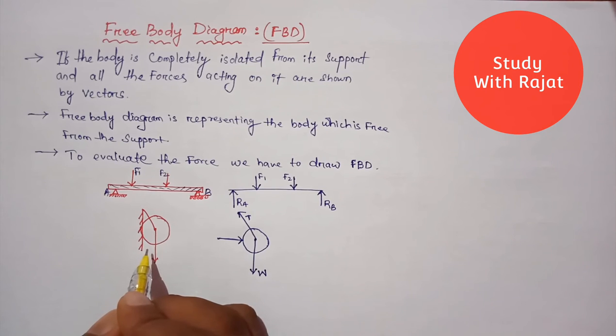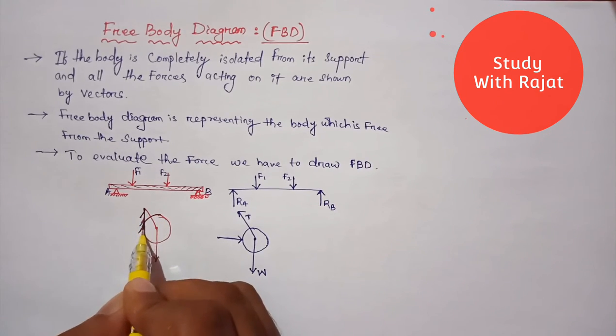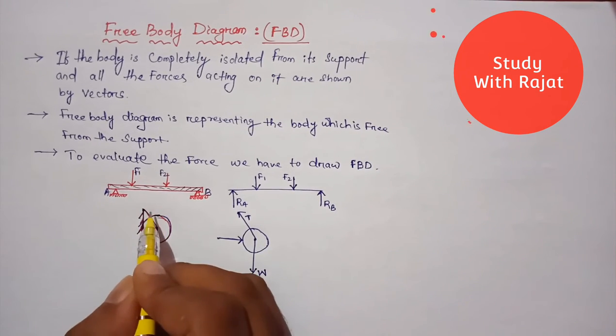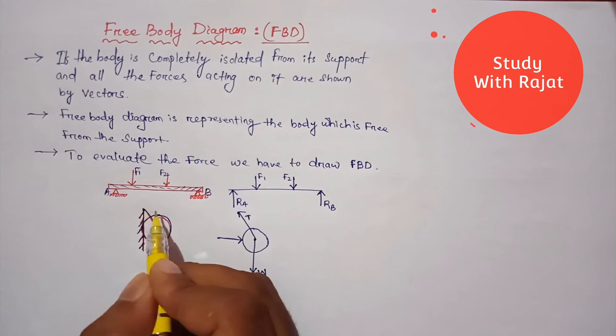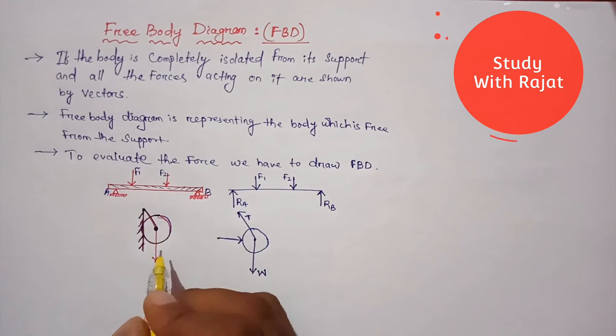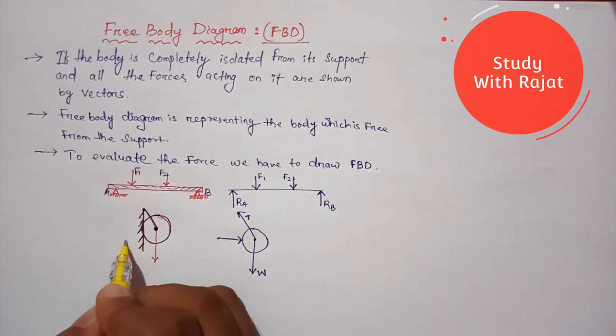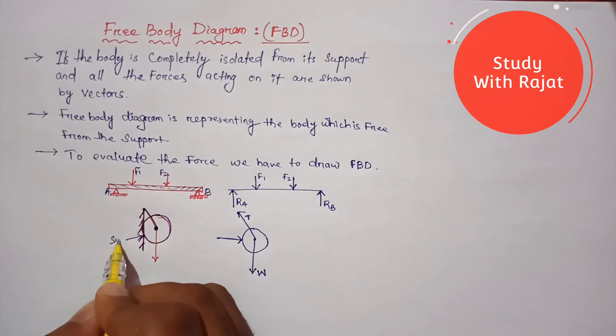Coming to the next figure, here also you can see a wall is there and an object is there, and one end of this wall is fixed with the center of this object. Here we will remove all the supports.